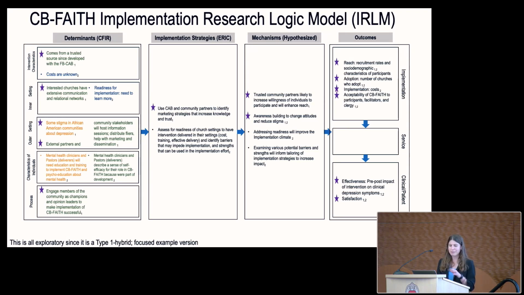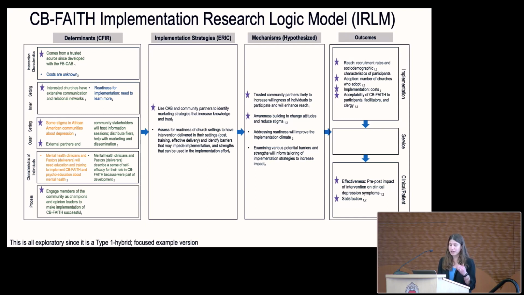What you can see by these pink stars is that we think there will be a facilitator: this CV Faith intervention comes from a trusted source, since it was developed with the faith-based community advisory board. That board provided insights and feedback on the development of the modules. And so we think that will be a facilitator of the adoption of the intervention.